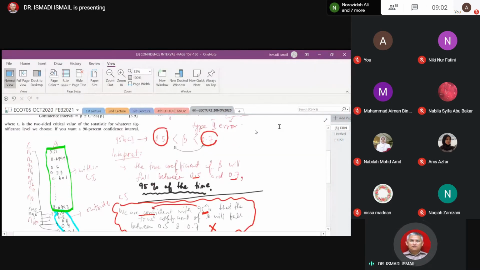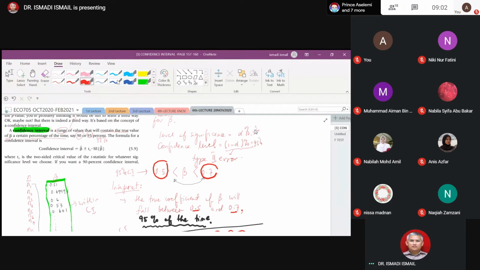And the formula for how to construct a confidence interval. This formula has no problem, but I am not comfortable when I'm dealing with students. So I force you not to use this formula, but to use the formula that lets you see clearly what a confidence interval looks like.